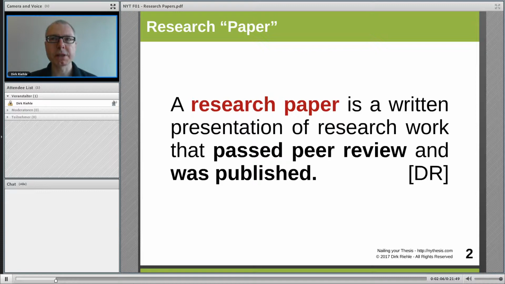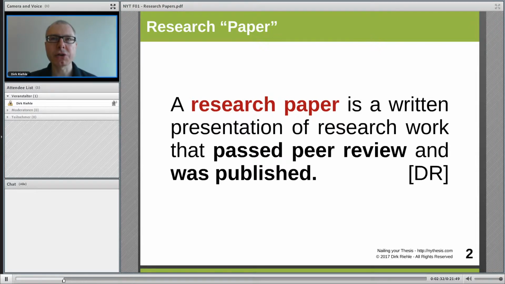It becomes a research paper in the sense that it's been accepted by the research community if it passed peer review and will be or has been published in one of those outlets, journals or conferences, etc., proceedings, where there is academic or research quality assurance by way of this peer review.